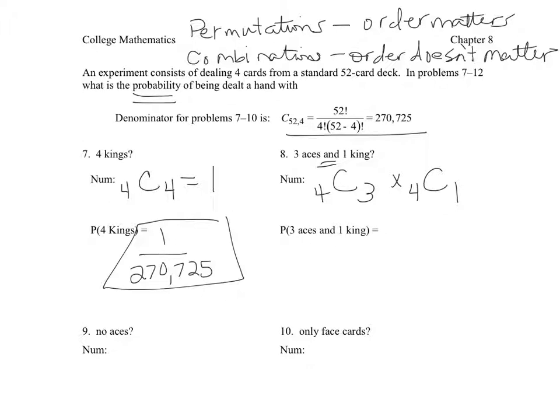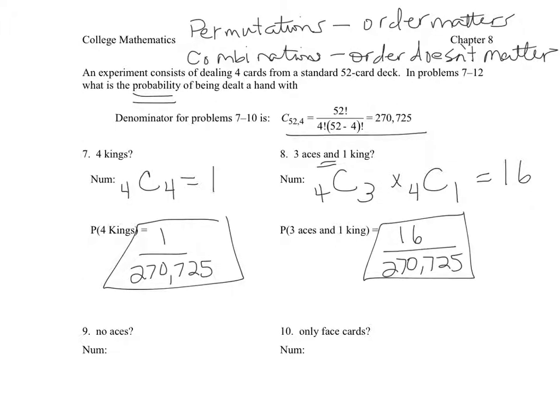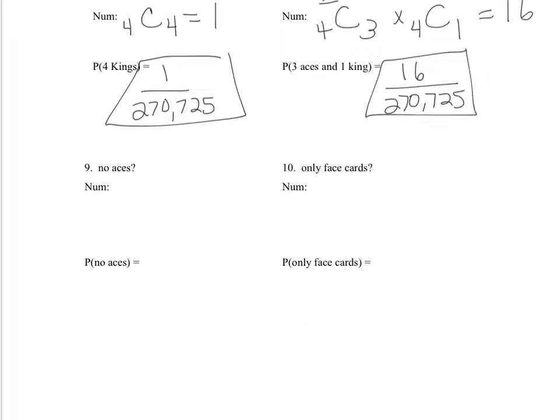If you were to put those in your calculator, you would come up with 16. And that means you have 16 over 270,725. That's not a very high probability either, but it is much better than just getting 4 kings.